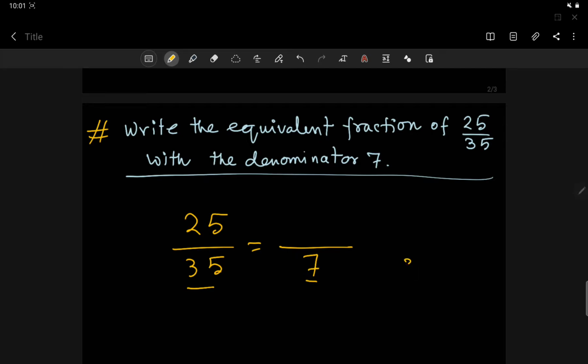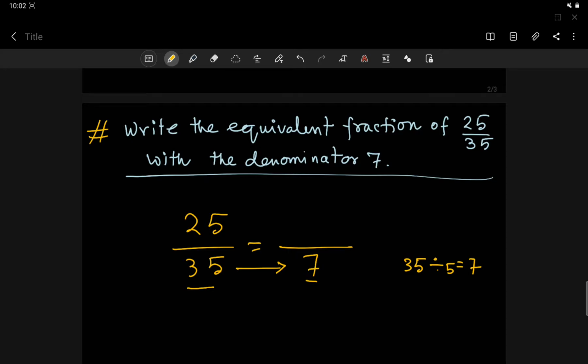You know, if I divide 35 by 7, sorry, if I divide 35 by 5, it will come 7. How is the 7 coming? 7 comes if I divide 35 by 5.